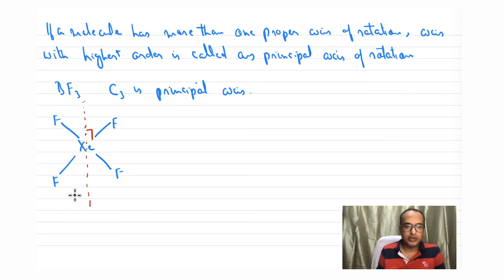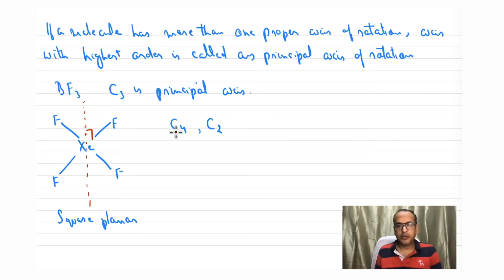Also this is a square planar. So which is perpendicular to the plane of the board. This will be a C4 axis, right? Collinear to C4, there would also be a C2 axis. Okay, so we will try to work it out.